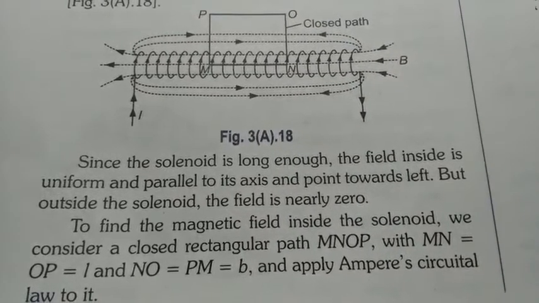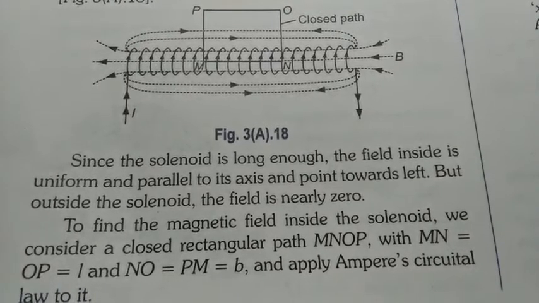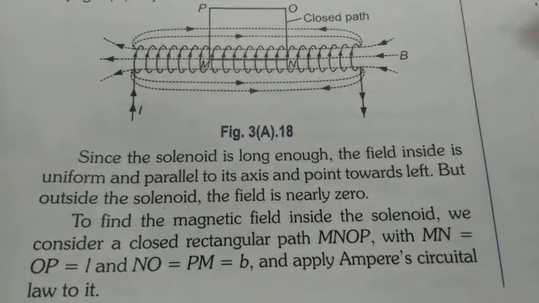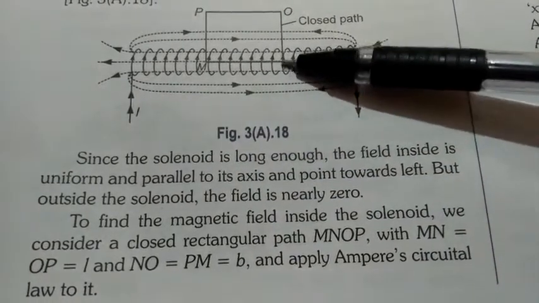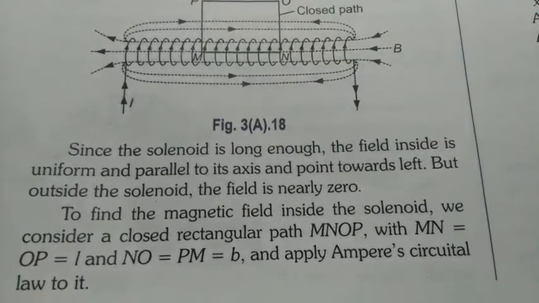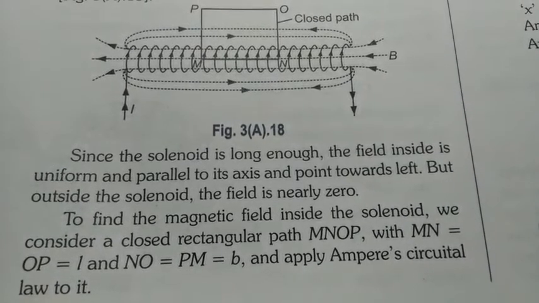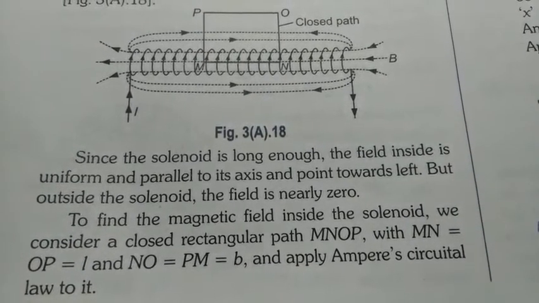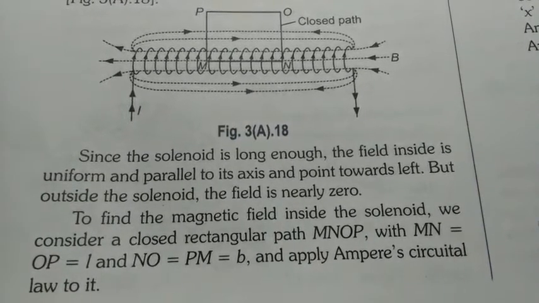To find out the magnetic field inside the solenoid, we consider a closed rectangular path MNOP. So here in the diagram you can see MNOP. This is one closed path. Why have we taken the closed path? Because now we are going to apply Ampere's circuital law, and Ampere's circuital law is applicable only to closed curves.